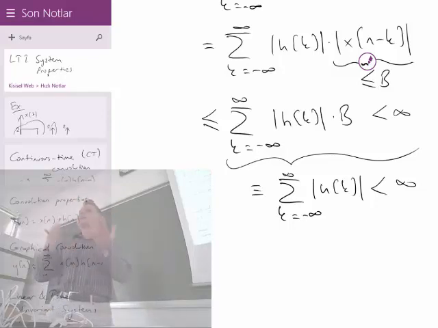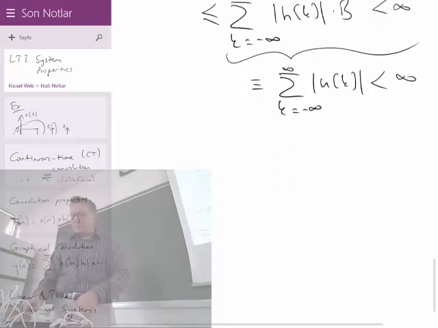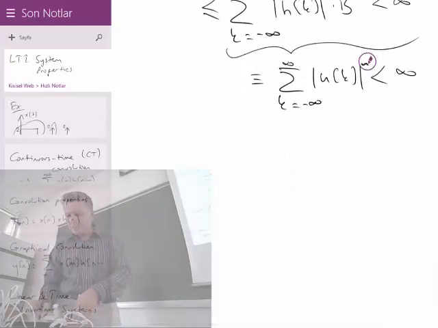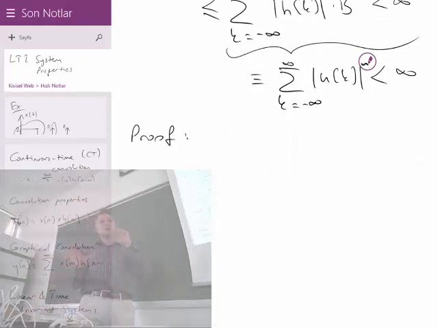Can you also illustrate that the absolute integral of h of t must be less than infinity, must be finite? I will also do that, to make sure that you understand how to illustrate the proofs of these things.